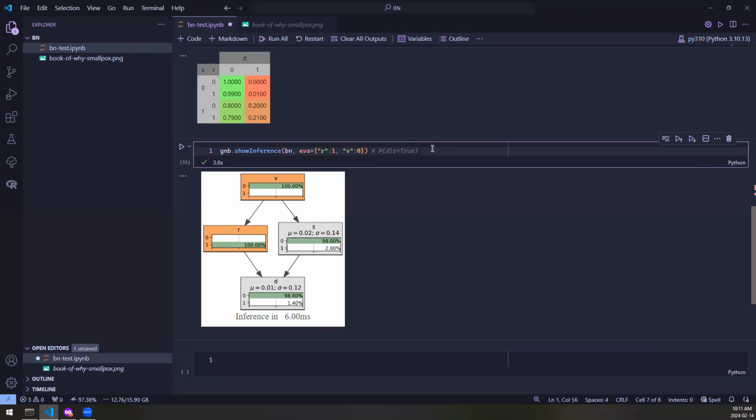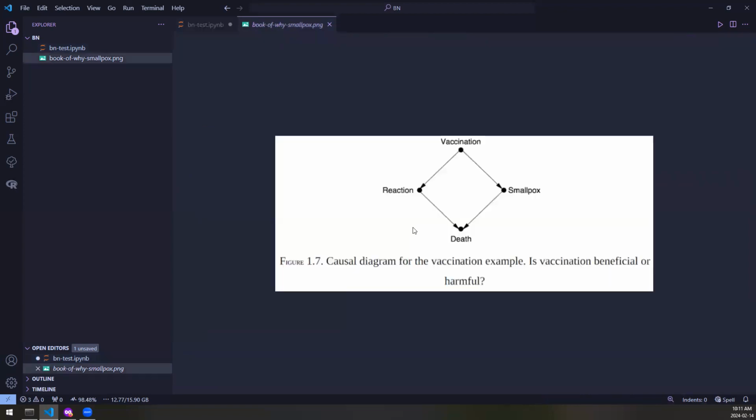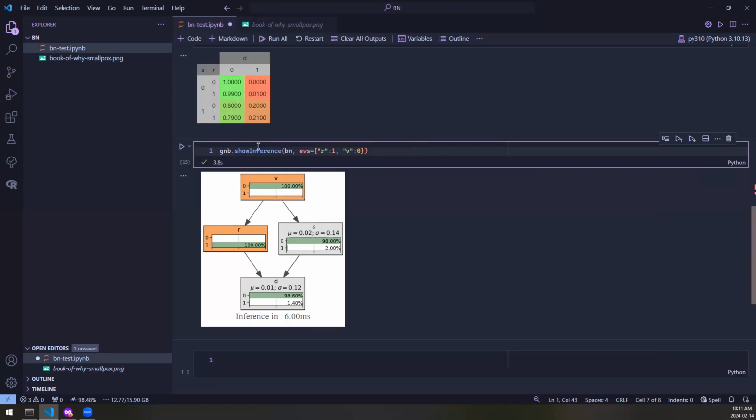So let me just erase this thing. Let's take a look at the image of the graph again. And the question there is: is vaccination beneficial or harmful? So let's play a little bit with that.